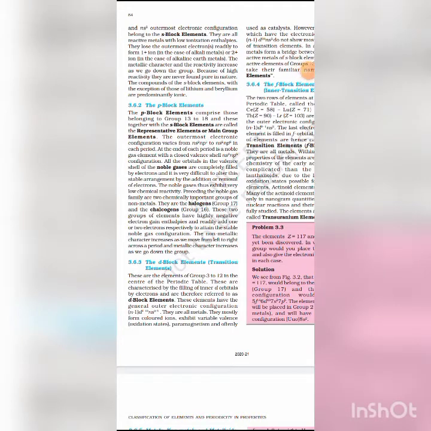Student, today we discuss the general features of p block elements. P block elements comprise group 13 to group 18, and their general electronic configuration is ns2 np1 to ns2 np6.